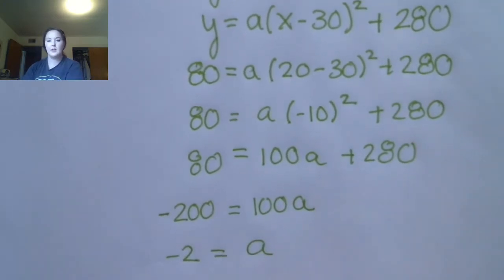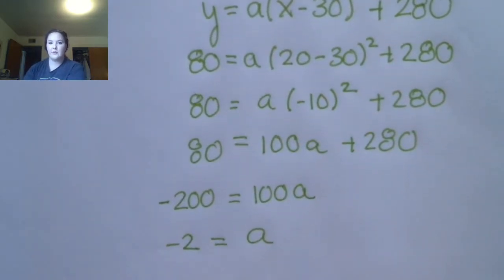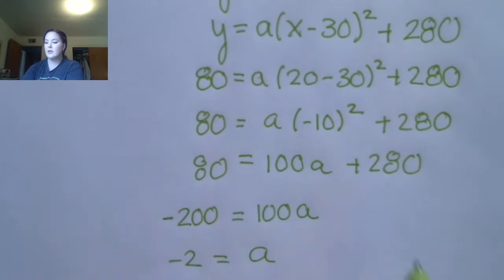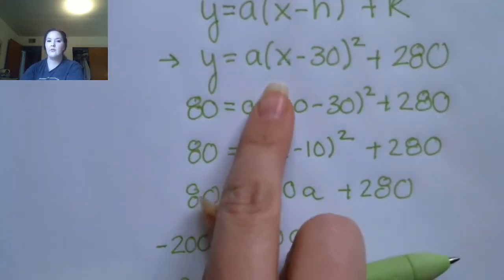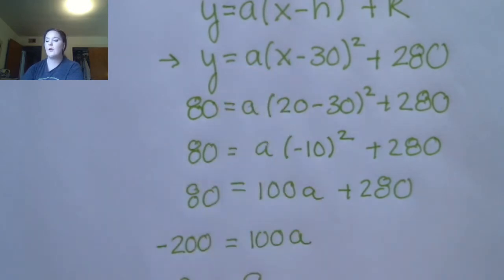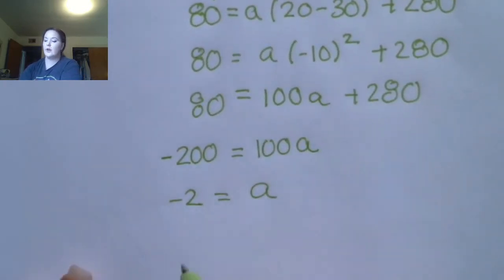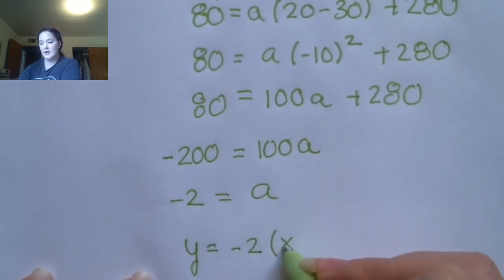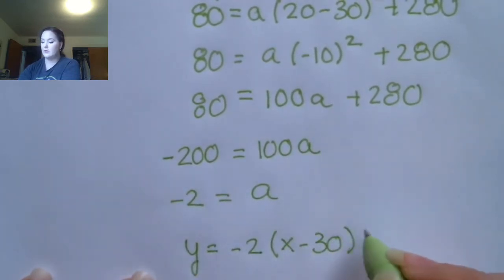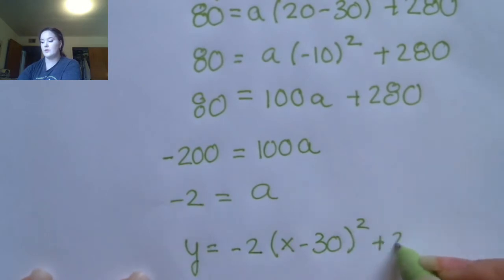Then we'll divide both sides by 100. Now that we have our value of a, we can go back here where we almost had our equation done and fill in the value that we found for a, which was negative 2. So we'll have y equals negative 2 times x minus 30 squared plus 280.